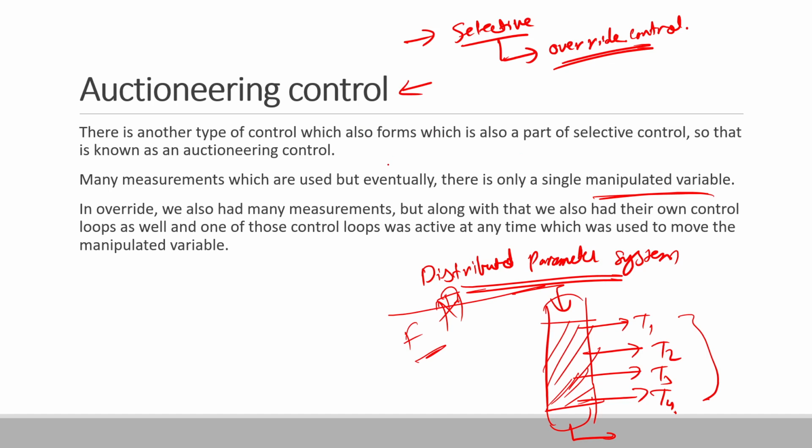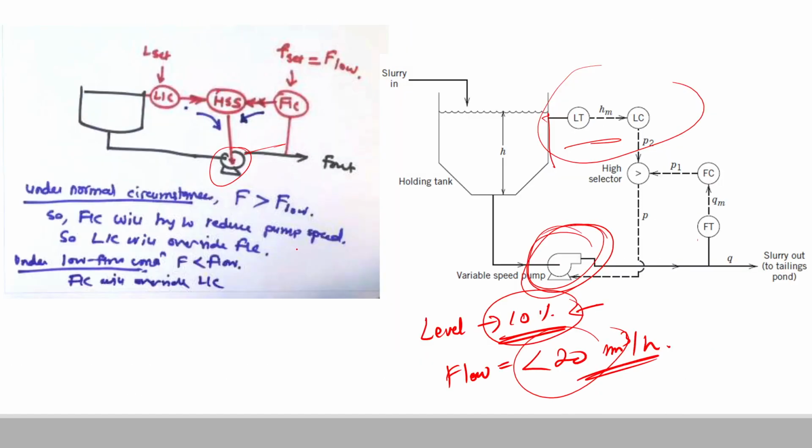In override control also we had many measurements, but those individual measurements had their own control loop, and only one control loop was active at any time, which was used to move the manipulated variable. That is, at a time only one control loop was active, as in split range control. Over here you can see that this is one control loop, and this is another control loop.